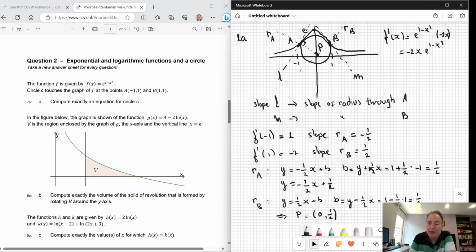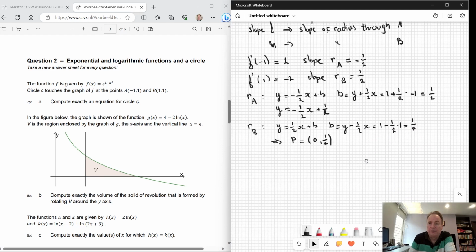Well, if you didn't see that immediately, you just do the intersection of these two lines. This line here and the second line B. So yeah, I didn't write down the expression of RB. It is plus 1/2 x, also plus 1/2.